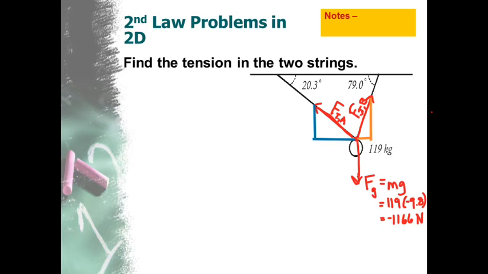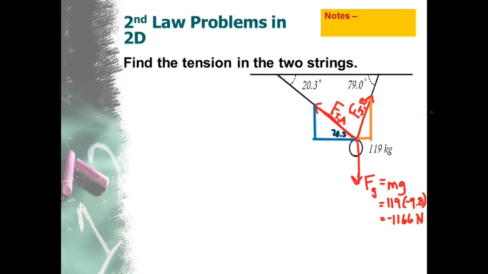Now I'm going to trust that you know how to break these into components. If I look at this triangle over here, we know that this angle is 20.3 degrees. Why? Because we have alternate interior angles again. So let's mark that as 20.3. I know that's quite a little bit of space there.